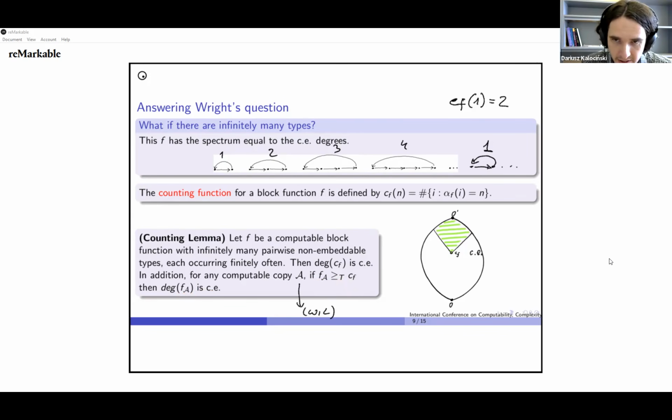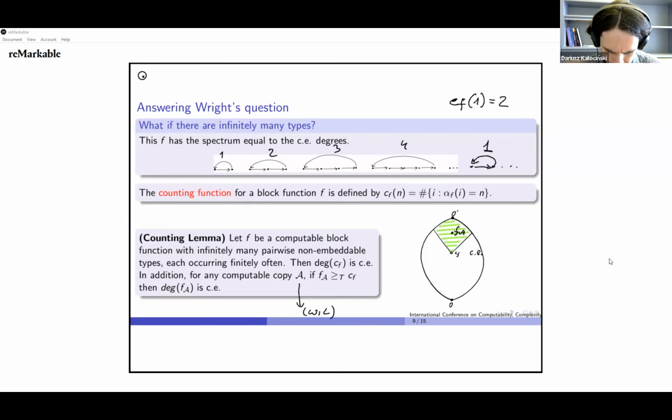This is summarized in this picture. If we have a copy in which f sub A is above the degree of the counting function, then this degree must be C. This is something that we use in obtaining the solution to Wright's question.